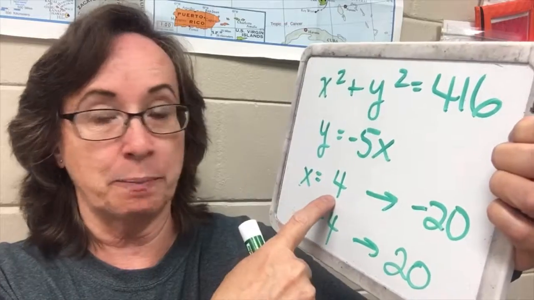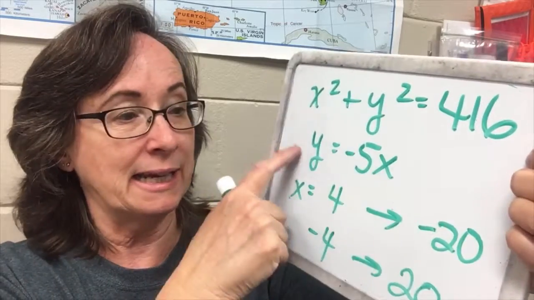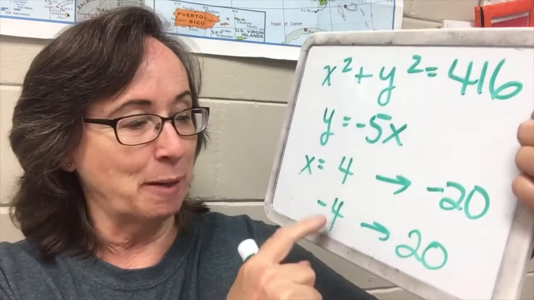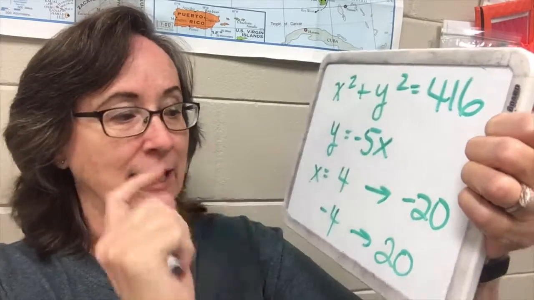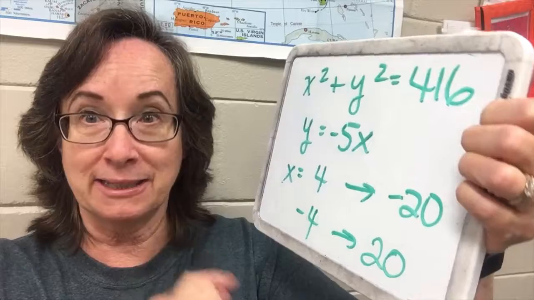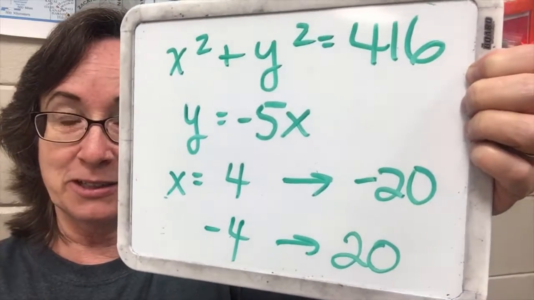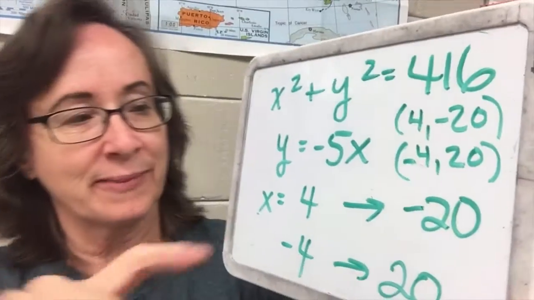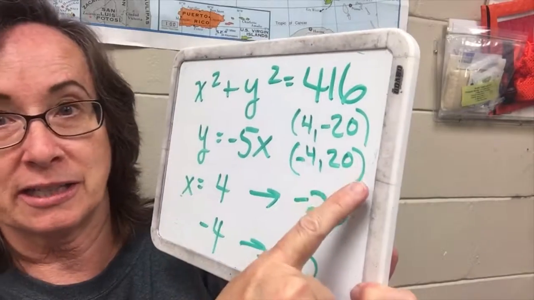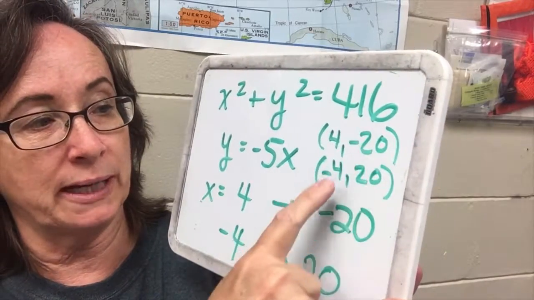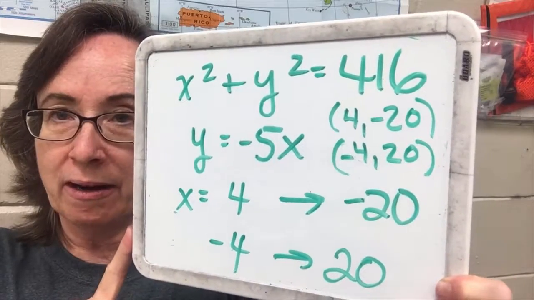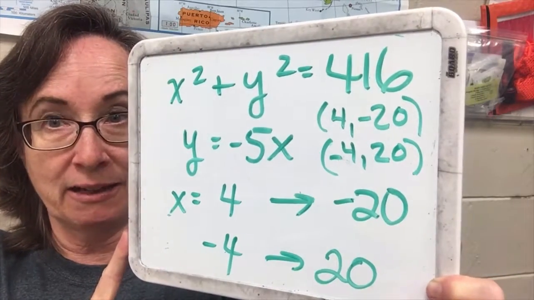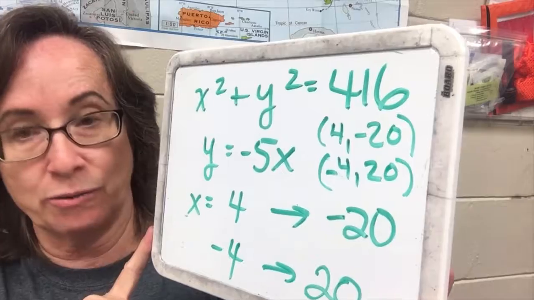If I plug in a positive 4, I get out a negative 20. If I plug in a negative 4, I get out a positive 20. Therefore, my solutions are, here's your work. Here are our solutions: 4, negative 20, and negative 4, 20. That would be where our circle and our line intersect at those two spots.